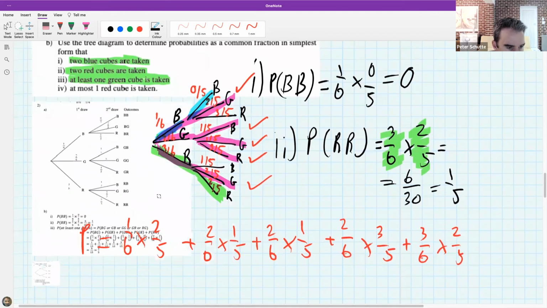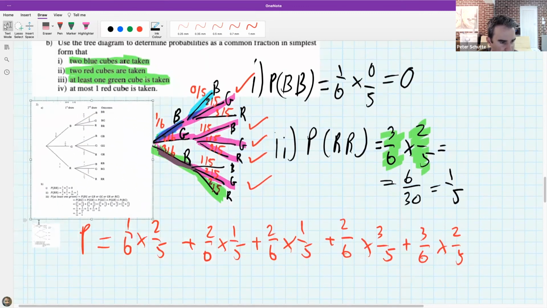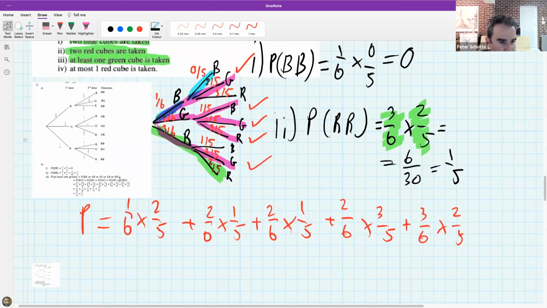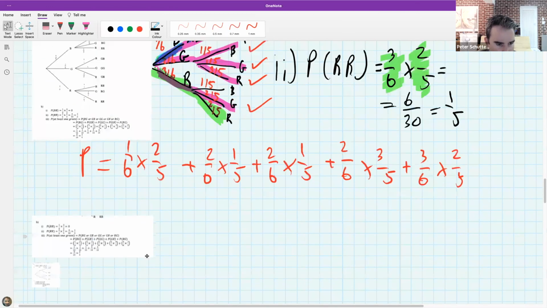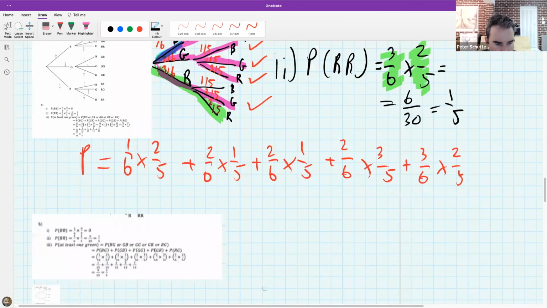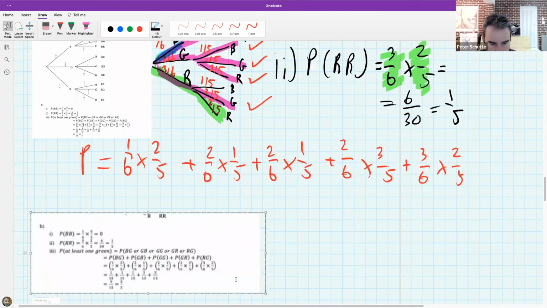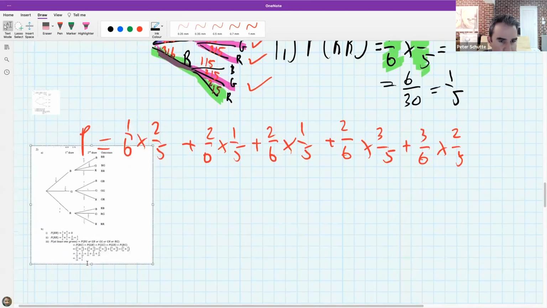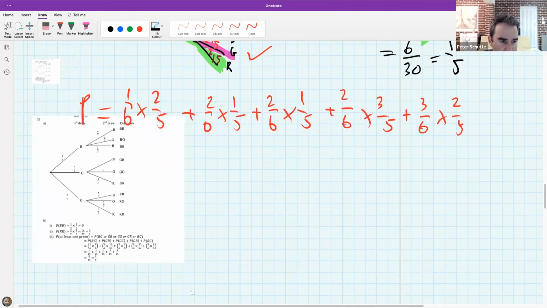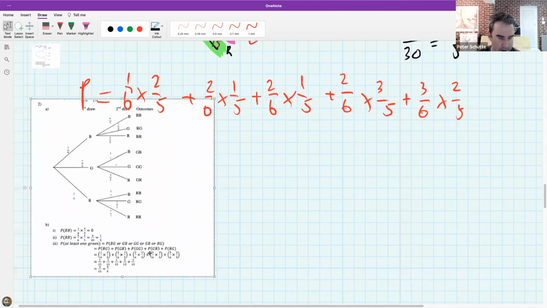Let me copy and paste this working so you can see it, and then we'll bring it to a close here. Hopefully you can then see it more clearly. Okay, it's not coming through as clearly as I hope. Let me move it down then. So your final answer is basically 3/5.